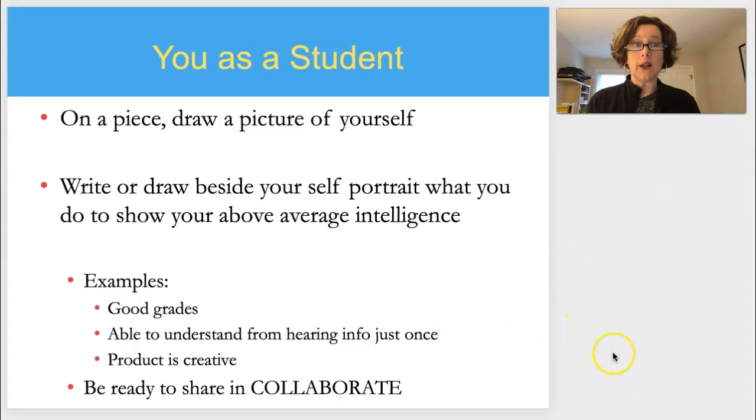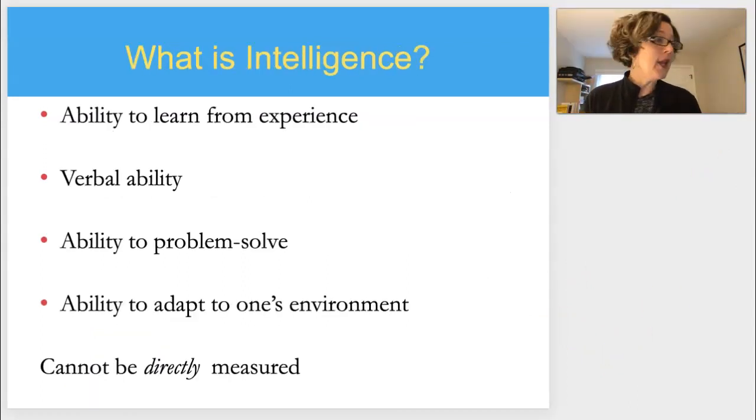Okay, since one of the main ideas around differentiation is intelligence, we need to have an idea of what intelligence is. The definition of intelligence is difficult to pinpoint, as some want to include musical intelligences, while other thinkers like Vygotsky would include the ability to use tools of the culture with help from more skilled individuals.